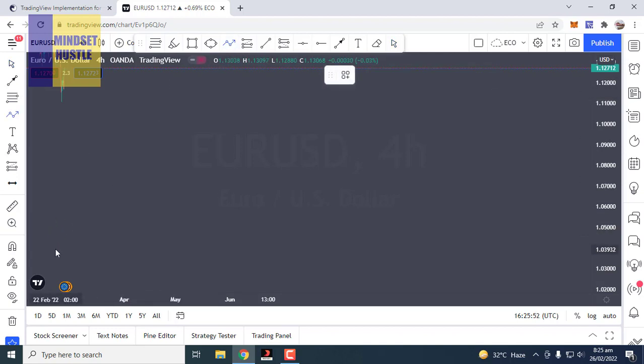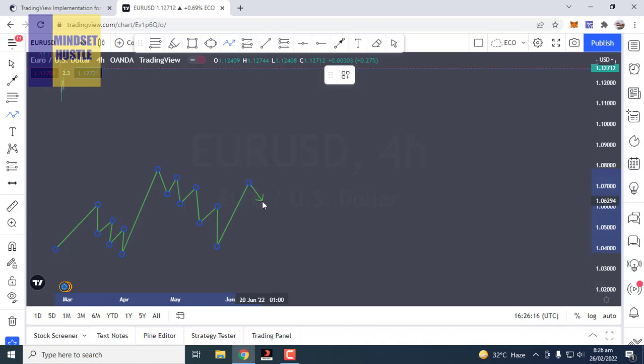You can have this sort of movement. This is a more realistic way in which the market behaves.